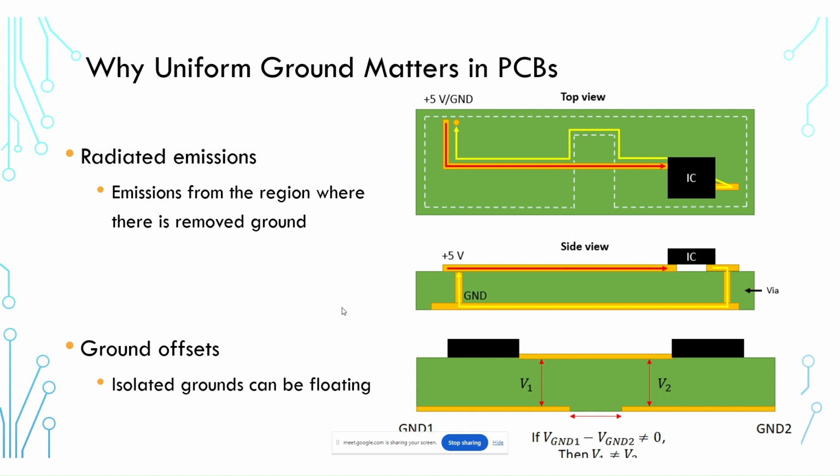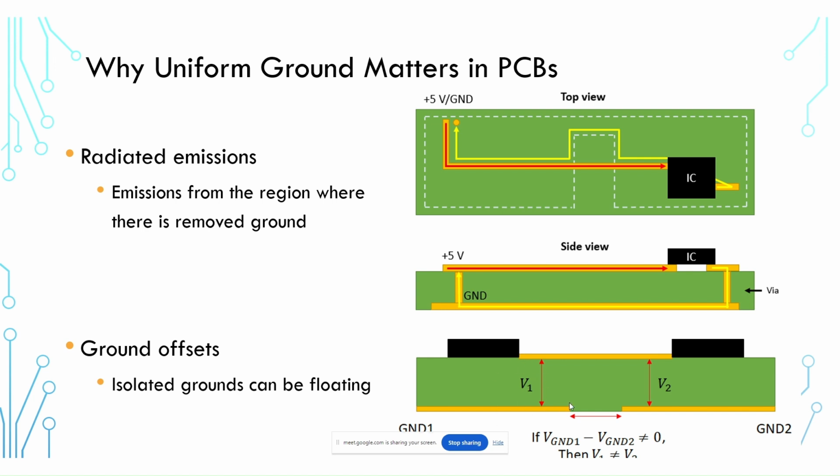You can have what's called a ground offset. So suppose that these are isolated grounds, meaning that they're galvanically isolated from each other. They can develop a potential difference between them. So when they have a potential difference between them, what that means is that if I source a signal on the left side with respect to ground 1, and I measure its voltage, I would get V1.